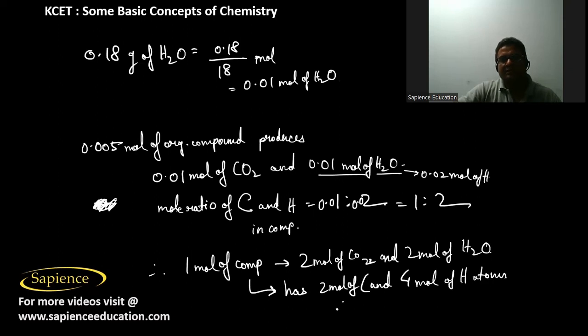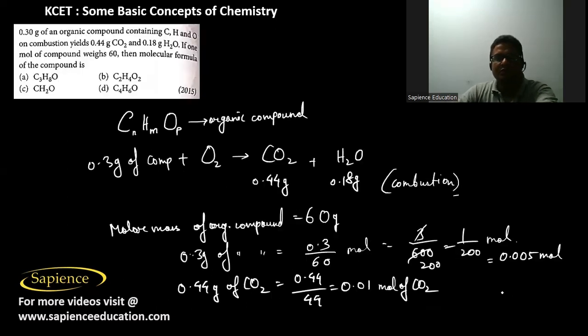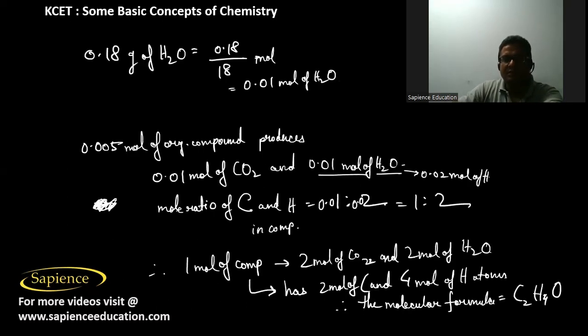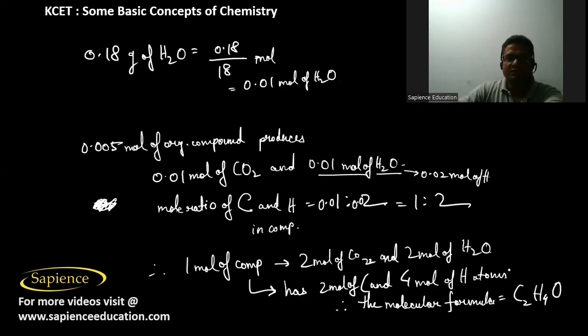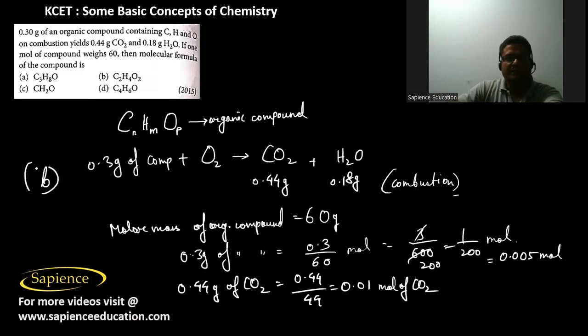So therefore the molecular formula of the organic compound will be C2H4O, and the number of oxygen atoms can be any. C2H4 is in option B only, so it should be C2H4O2 only. So option B is the correct answer.